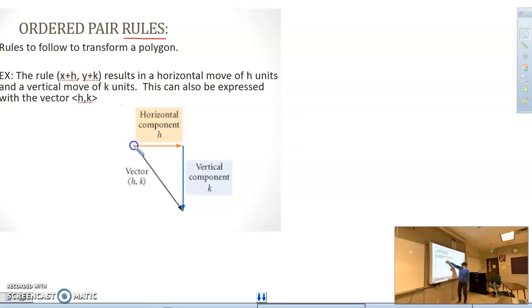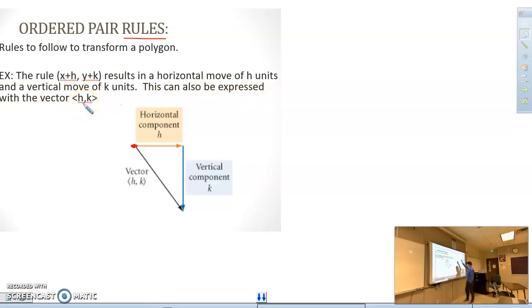So for example, if I started right here, the horizontal move, I would slide over h units. And then from there, I would slide up or down k units for the y value. So obviously with the x value, you're going left or right, and with the y value, you're going up or down. Okay, this can also be expressed as the vector, as we've talked about before in vector notation.